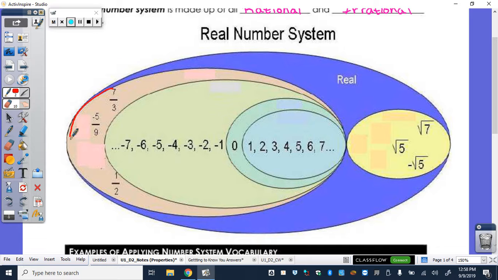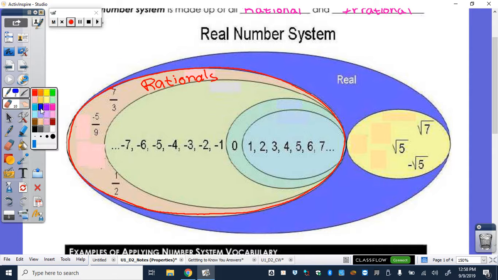This circle over here presents what we call our rationals. And as you can see, the rationals even have different number systems within it also. So one number can have multiple different kinds of names that go along with it.